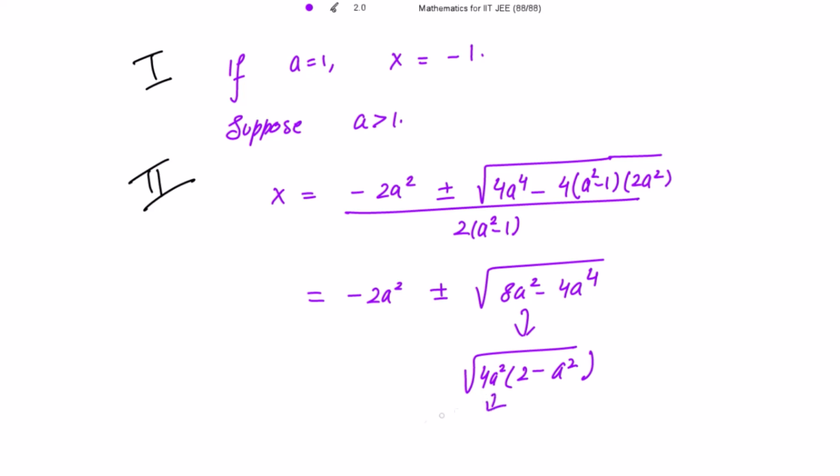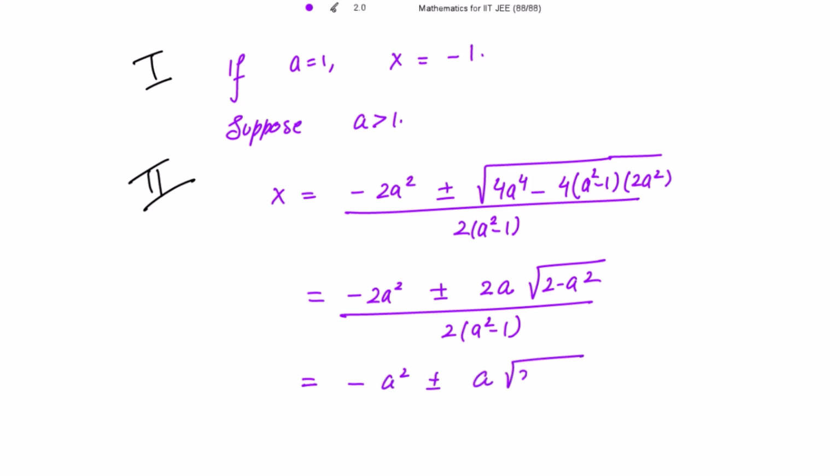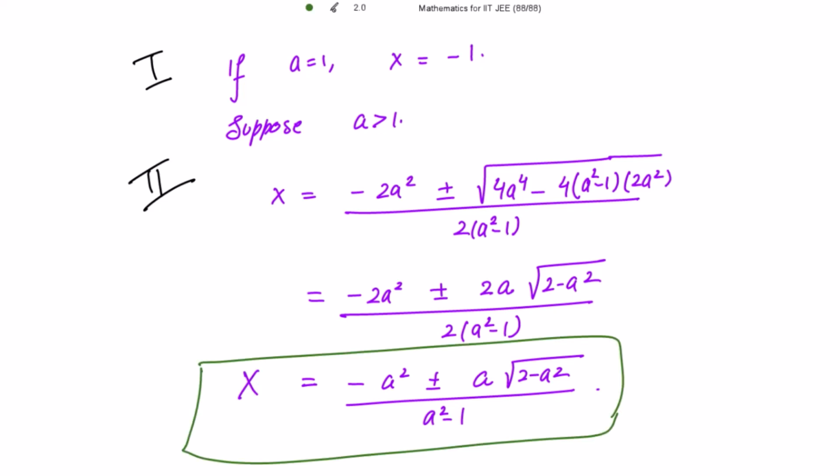So this becomes 2a into square root of 2 minus a square, divided by twice of a square minus 1. Just cancelling 2 from here, we get negative a square plus minus a into square root of 2 minus a square divided by a square minus 1. So this is the value of x for a greater than 1, right?